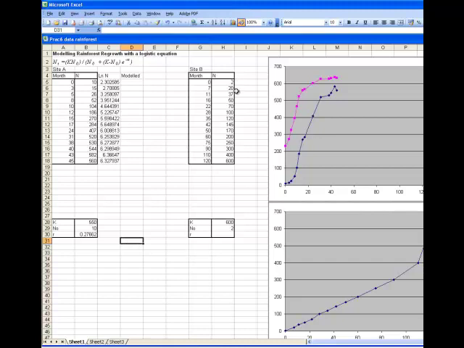We need to do the same for site B. And for site B, we can put in the log values. And in the next column we're going to have the modelled. We can copy this.